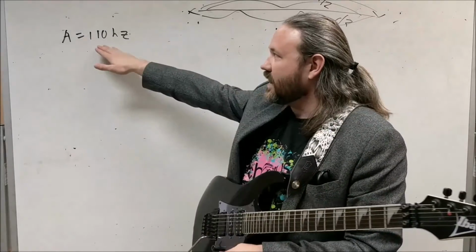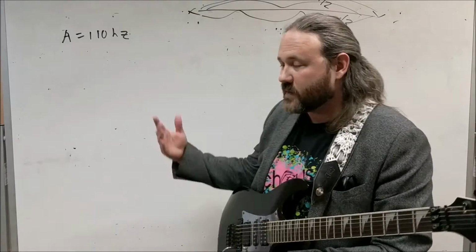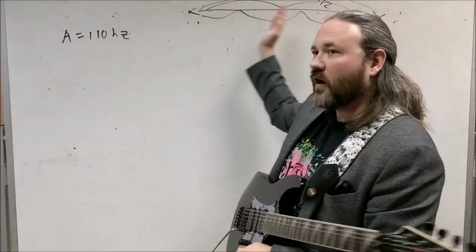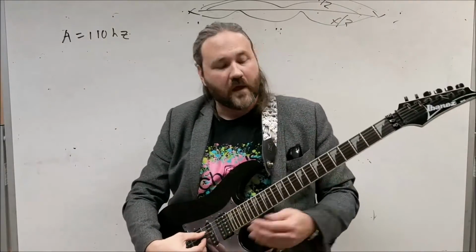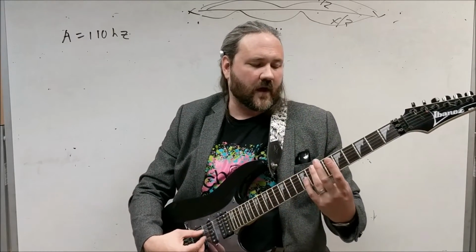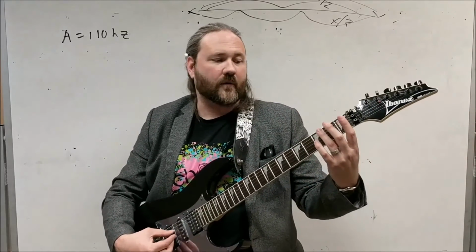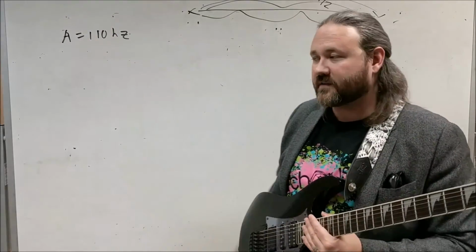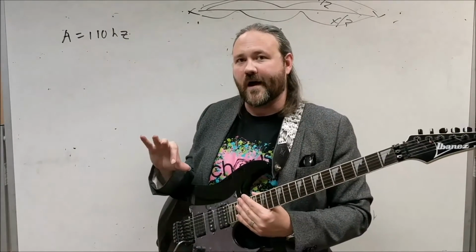So let's start with our A110. That's just this 5th string ringing open. And if you remember from the previous lesson, all of our harmonic theory is going to have to do with this idea of a complex tone. As you divide the string length up, you have a series of overtones that pop out, each one getting progressively higher, and each one gets higher by a certain mathematical relationship.